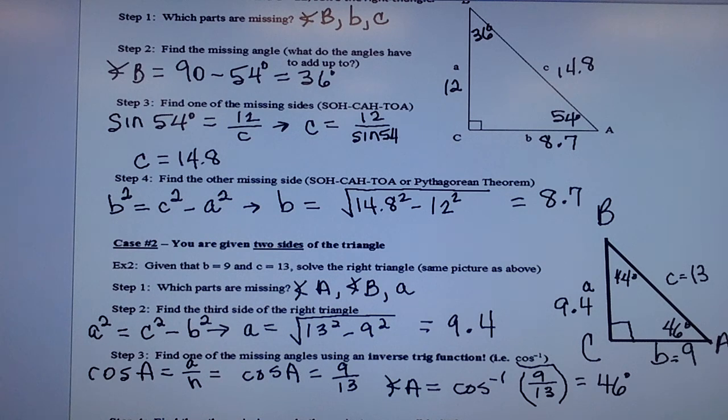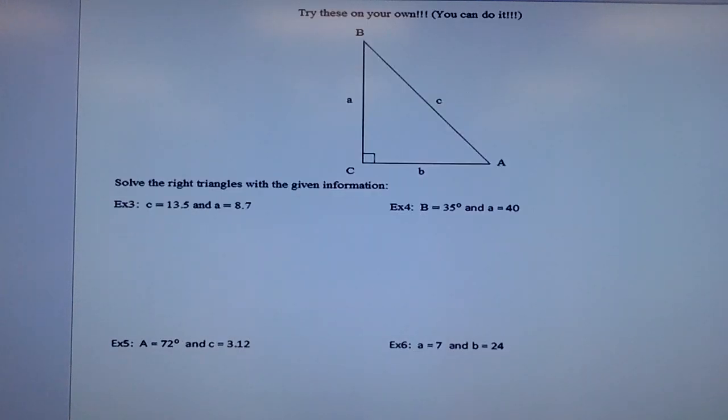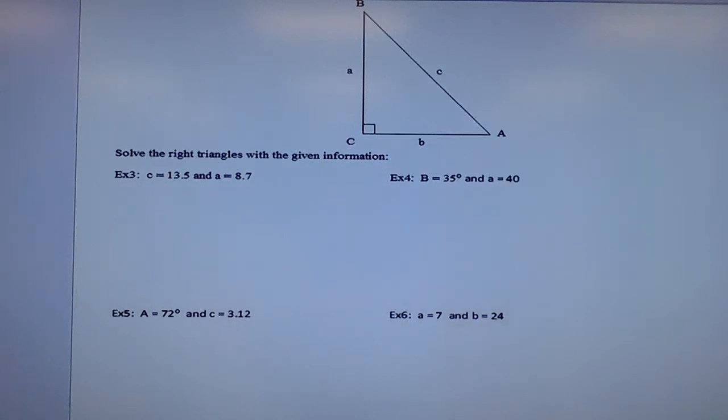All right, let's go to the back. All right, so great. We're given a calculator on the back. And I'm just going to do a couple of these examples, and then I'm going to ask that you do a couple of the examples. So let's see which ones I would like to do.